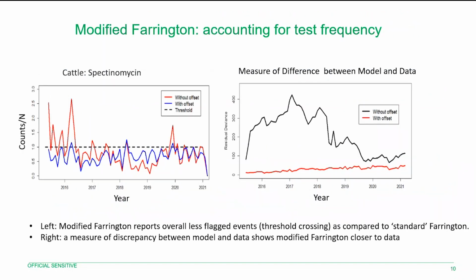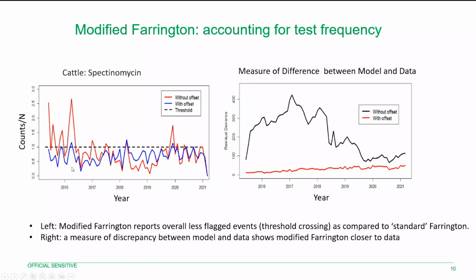And here I show you a comparison between the two implementations. The plot on the left refers to cattle and to the spectinomycin drug, and the red line is the standard implementation of the algorithm, and the blue line the implementation with what I call population offset.